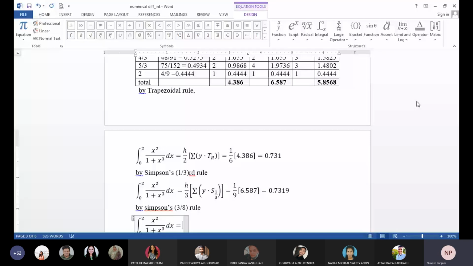What is the formula? 3h by 8 summation of y multiplied by, bracket close.